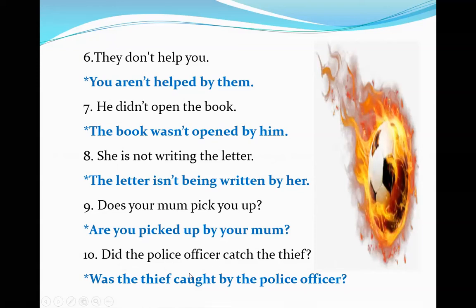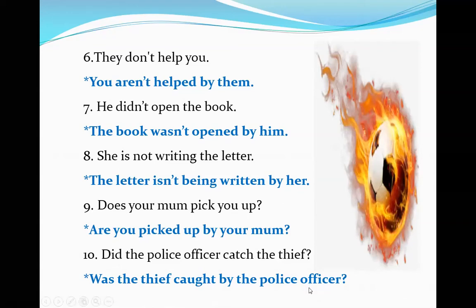The active question is, did the police officer catch the thief? The passive question, was the thief caught by the police officer? Did you get the point? Huda, did you get the point? Yeah, I got it.